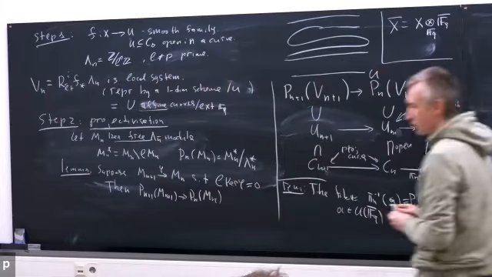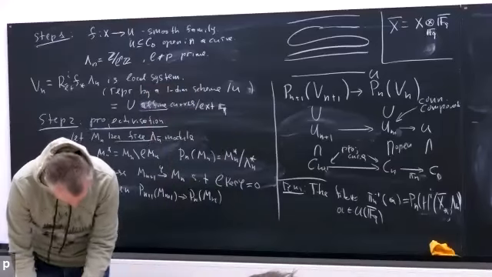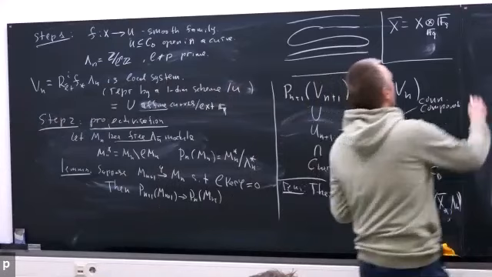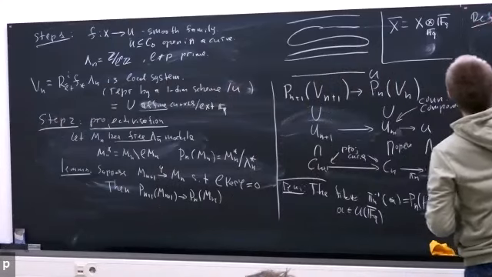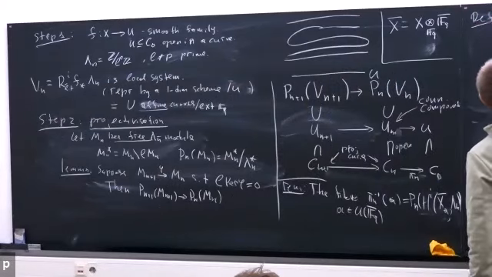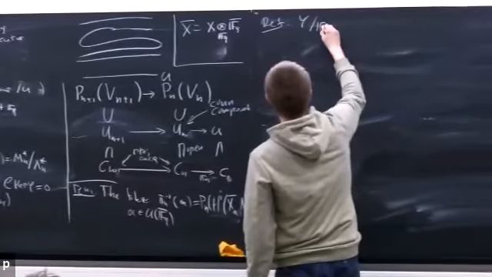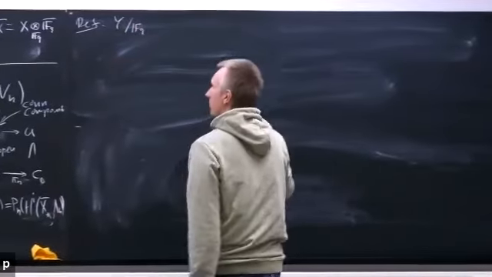Okay, so now the condition. Let Y be some variety over Q, smooth, projective, and connected.